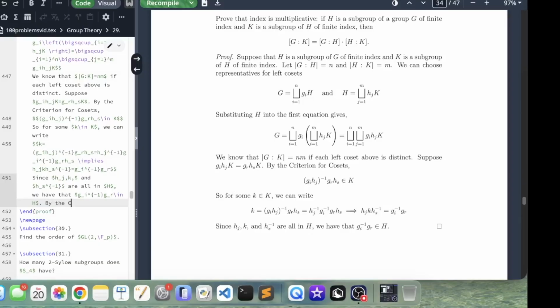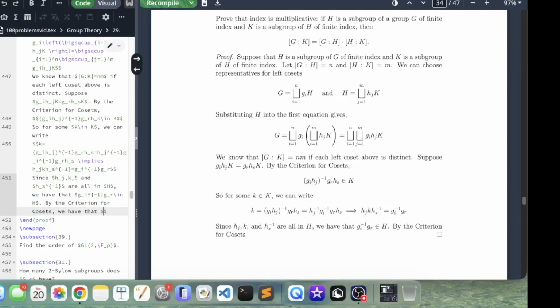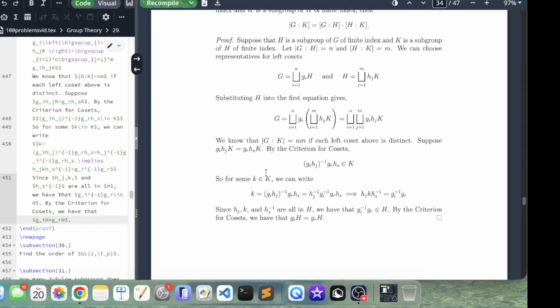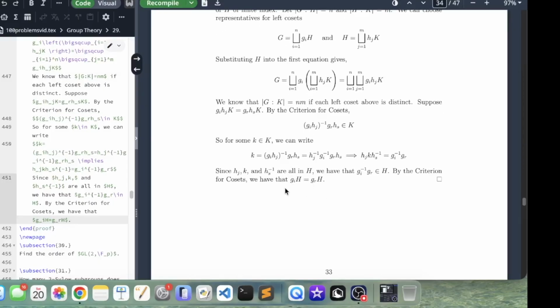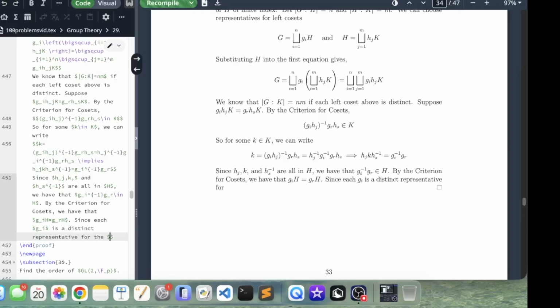By the criterion for cosets, we have that g_i H is equal to g_r H. But since each g_i is a distinct representative for the H cosets, we have that i is equal to r.